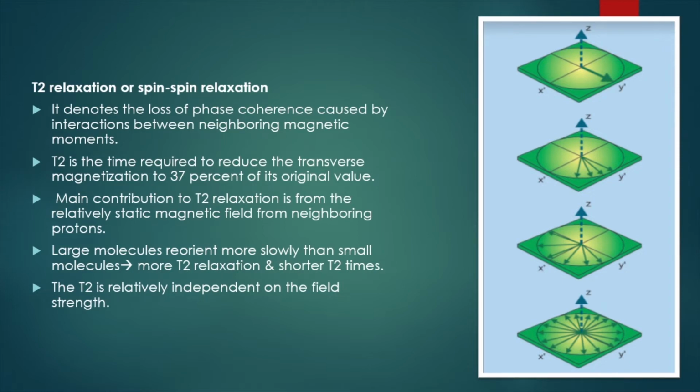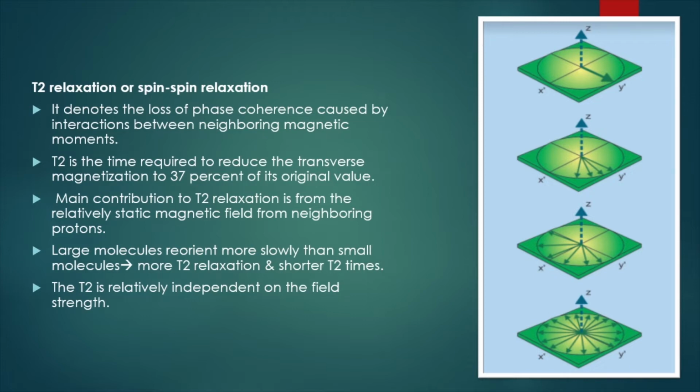So we could see that after the RF pulse has been switched off, there is going to be interaction between the neighboring magnetic moments with the atomic nuclei. And we could see that there is going to be a loss of phase coherence, which could be seen here.